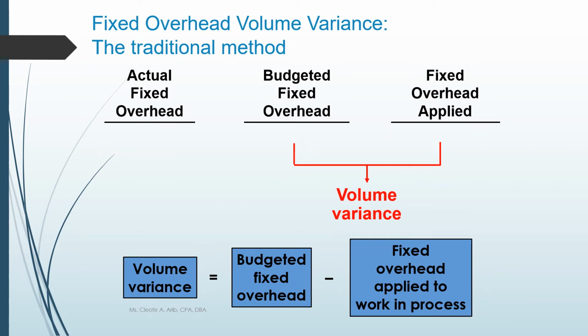The other fixed overhead variance is what we call your volume variance. So how do we compute for that volume variance? We just have to get the difference between your budgeted fixed overhead and your fixed overhead applied. The difference is your volume variance.